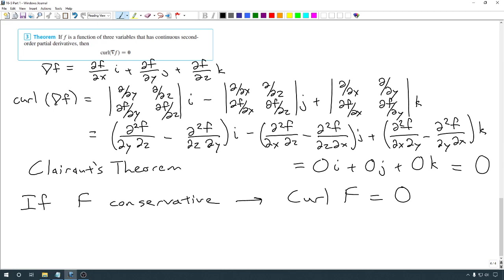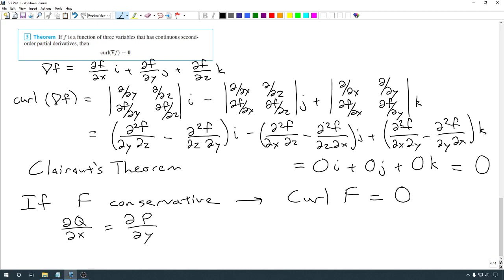But that's usually a pretty simple condition, and usually it's going to be true. Now, this is essentially the equivalent of our condition that the derivative of Q with respect to x equals the derivative of P with respect to y. For a two-dimensional vector field, this was the condition implied by it being conservative, and it needed to be true in order for it to actually be conservative.